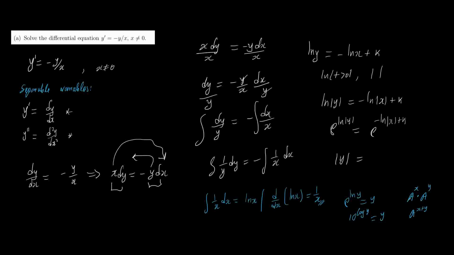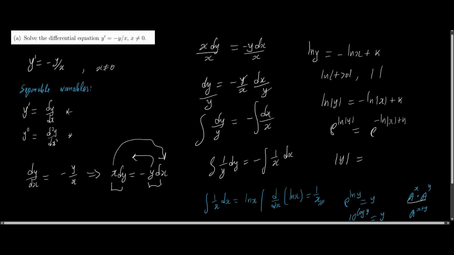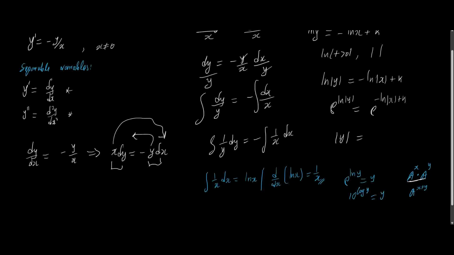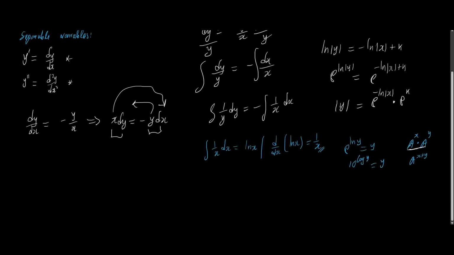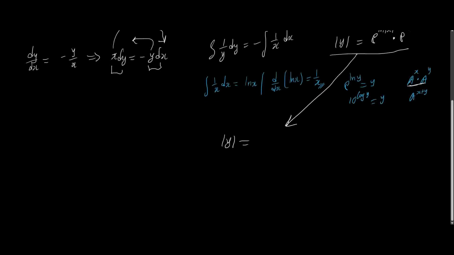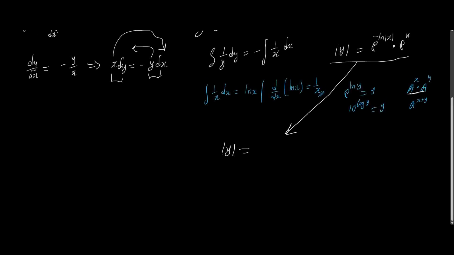So we can re-express it as e raised to the power negative ln of the absolute value of x, multiplied by e raised to the power k. We notice that we can still apply the law we saw above.